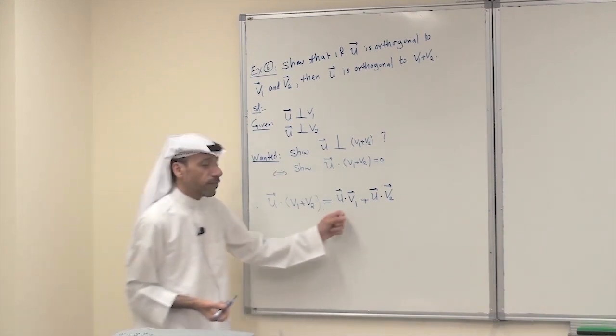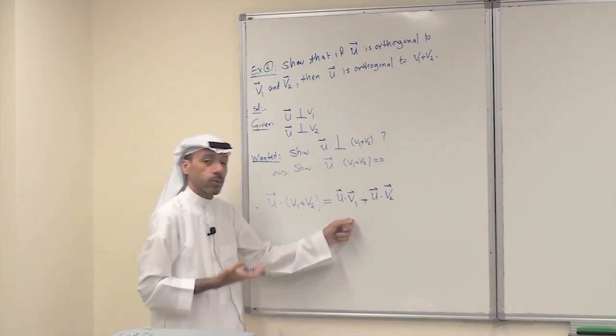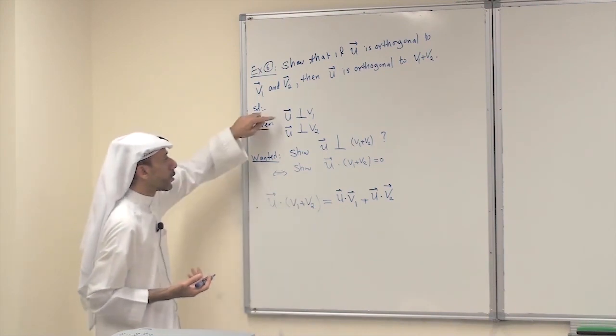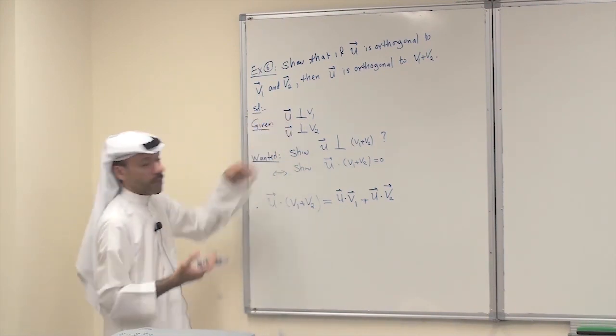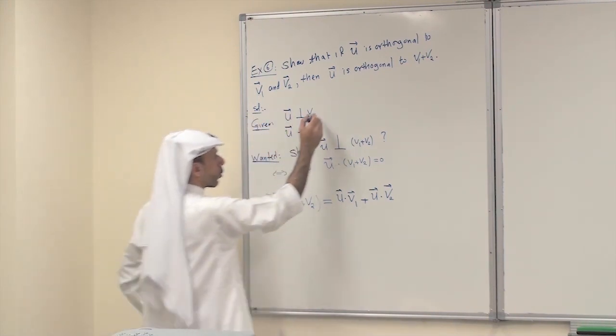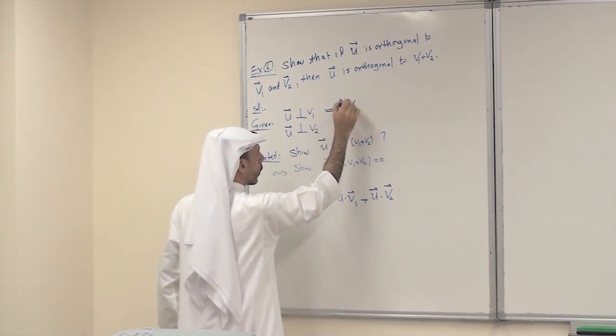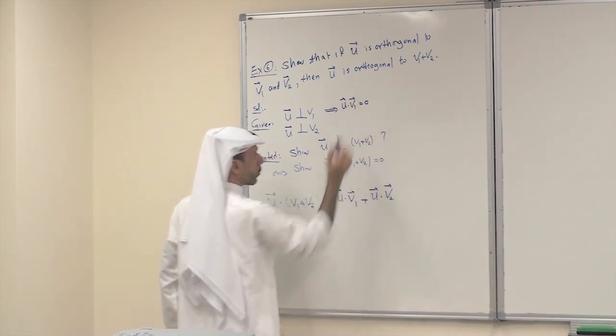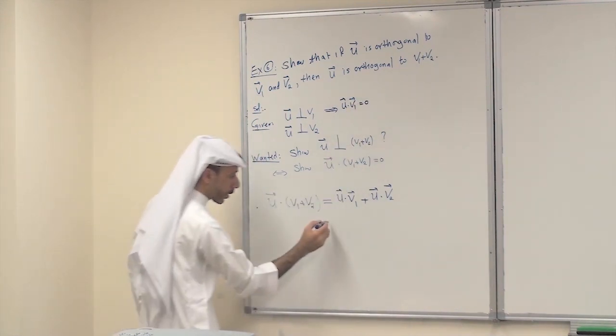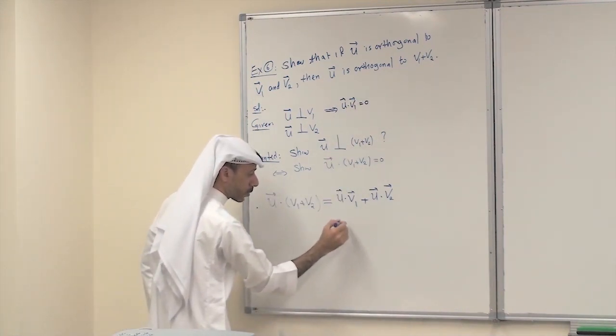Now what is U dot V1? Here we use what is given. We are given that U and V1 are orthogonal, so U dot V1 equals 0.